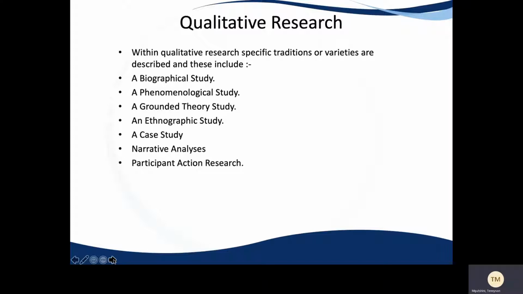And so the specific traditions or varieties of qualitative research that exist include phenomenological research, they include biographical research, they include grounded theory research, ethnographic research, case study research, narrative analysis, participant action research.